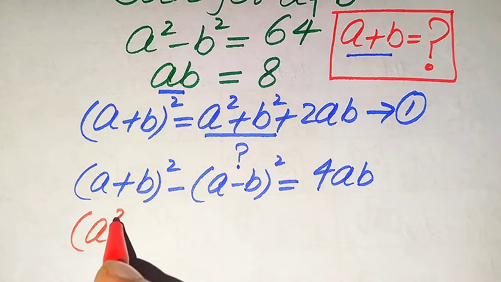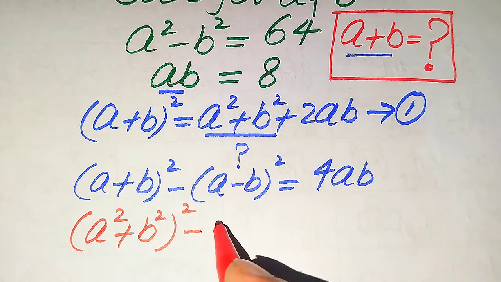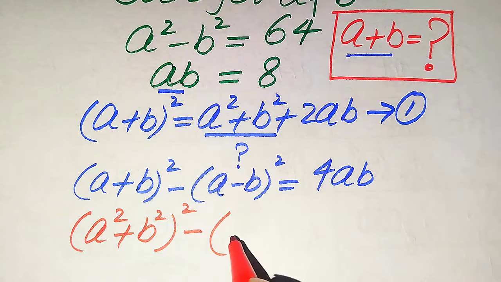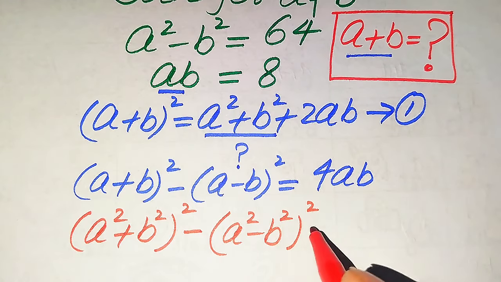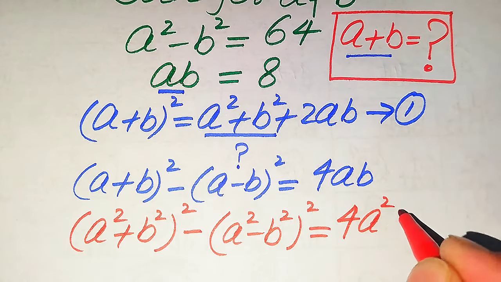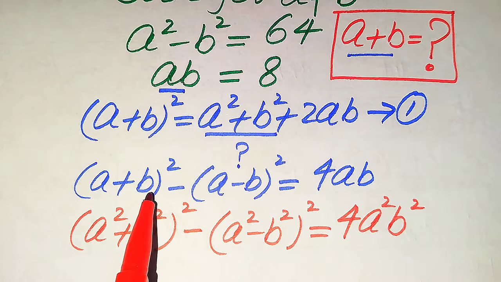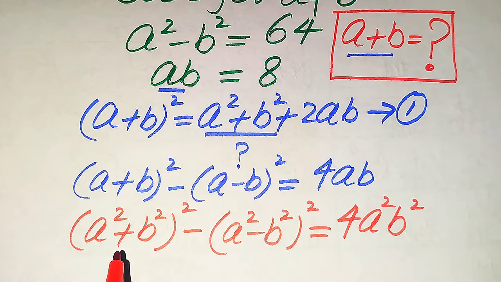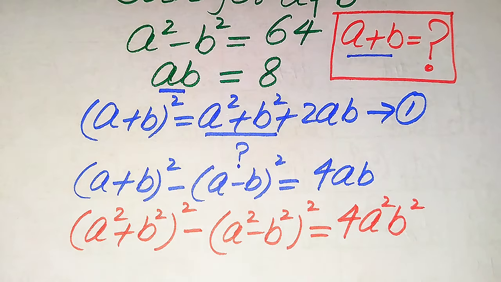It will be written as (a square plus b square) whole square minus (a square minus b square) whole square equals 4 times a square b square. So here we just replace a with a square and b with b square, and you get this form.